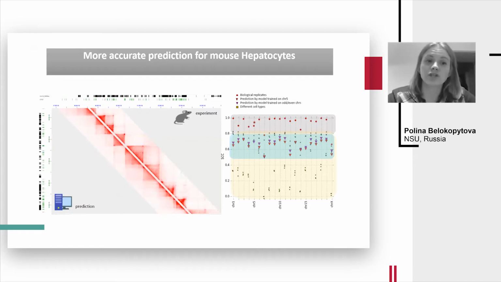So in general, this algorithm really captured the main 3D genome structures, but this prediction is not perfect. The algorithm has its own limitations.